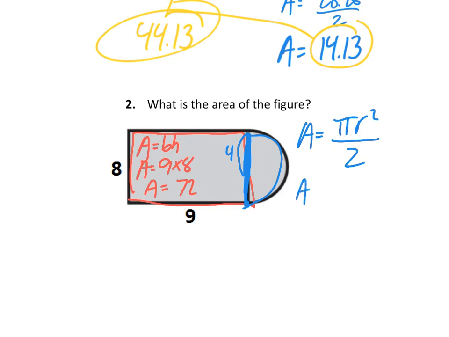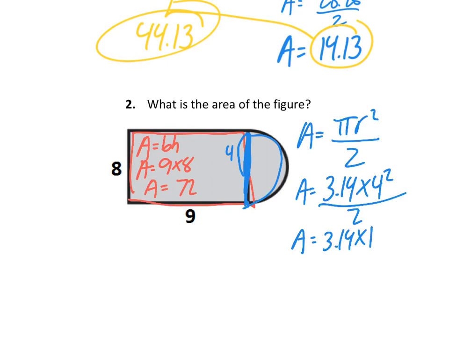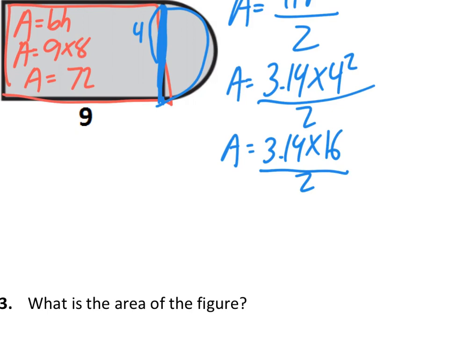So I'm going to begin plugging in my numbers, so 3.14 for pi times my radius of 4 squared divided by 2. So 3.14 times 4 squared, which is 4 times 4, which is 16, divided by 2. When I do 3.14 times 16, I get 50.24.